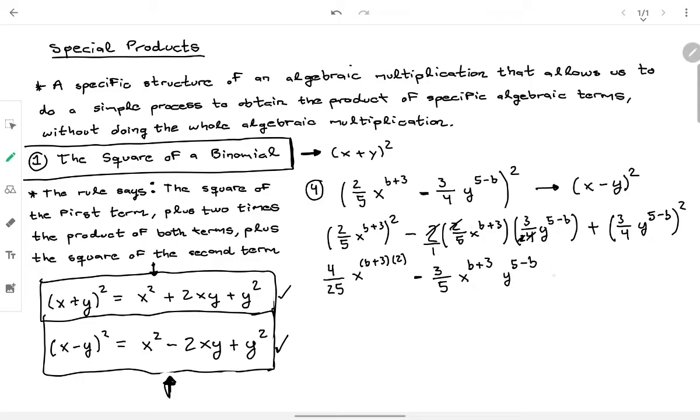And the next one is going to be plus 9/16, and it's going to be y to the 5 minus v multiplied by 2 because it's a power of a power.